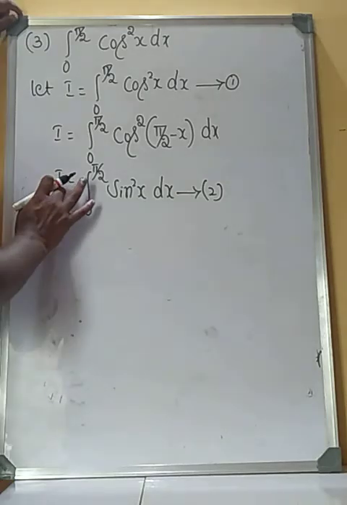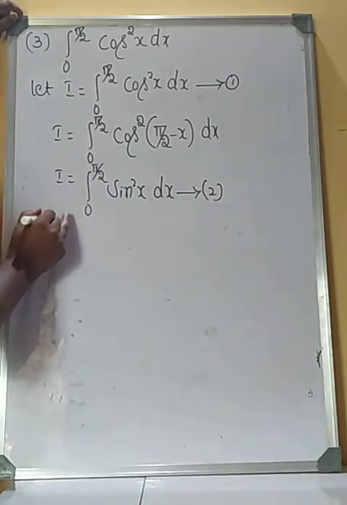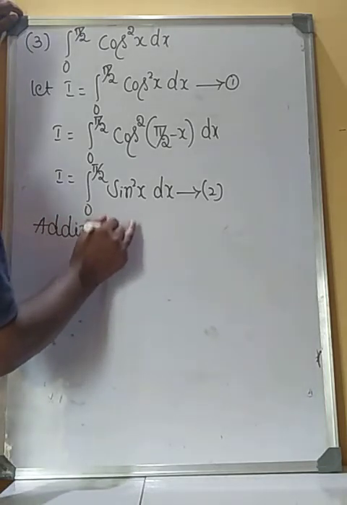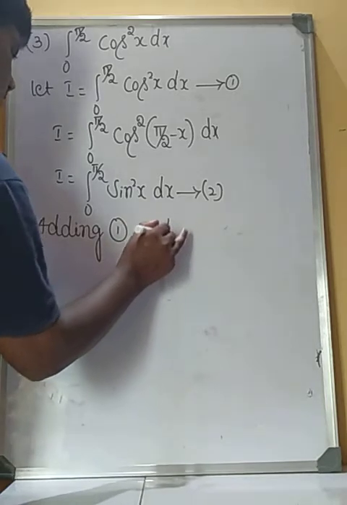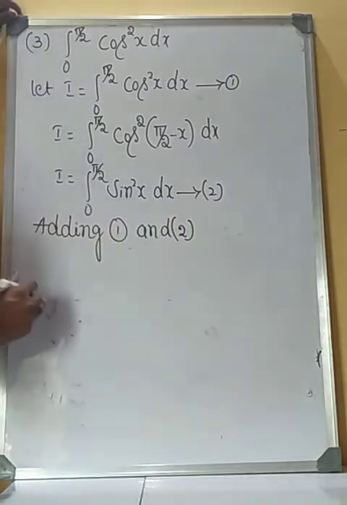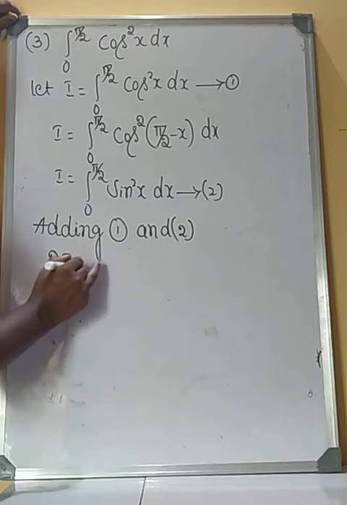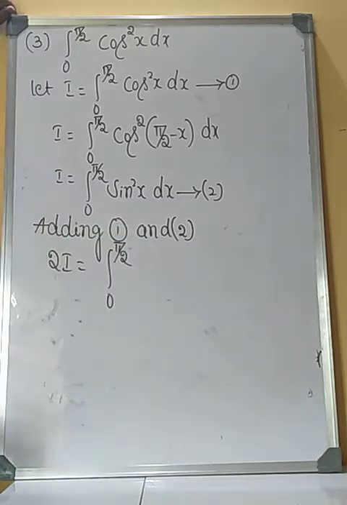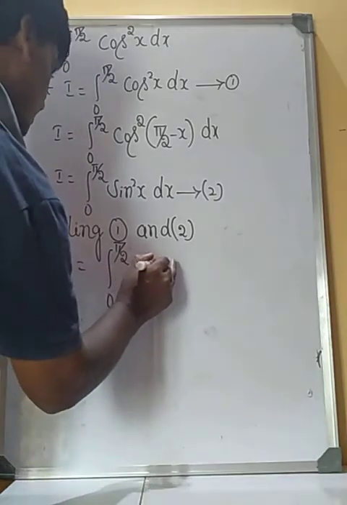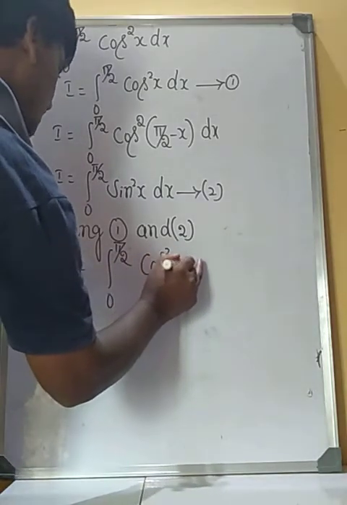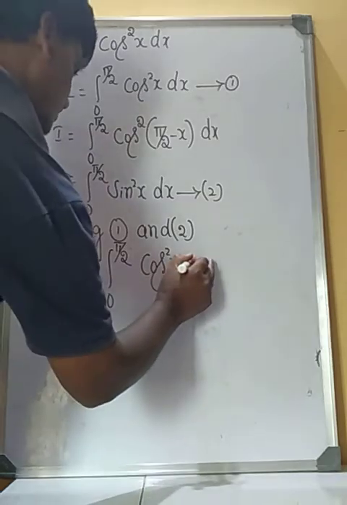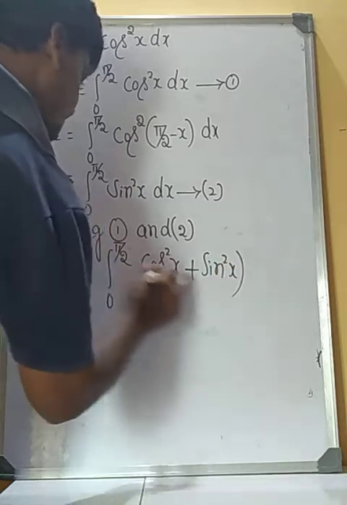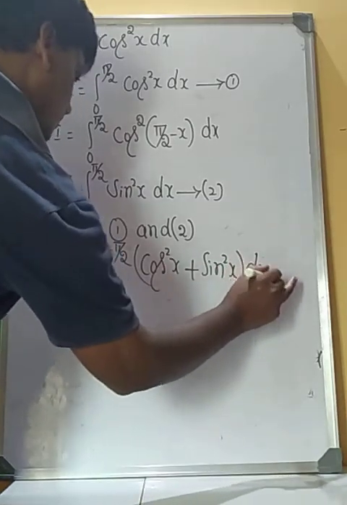Adding equation 1 and 2, we get I plus I, which is 2I, equals integral 0 to pi by 2 cos square x into dx plus sin square x into dx.